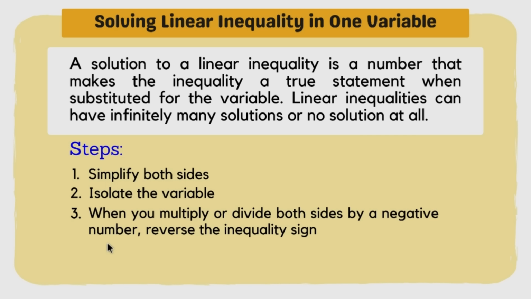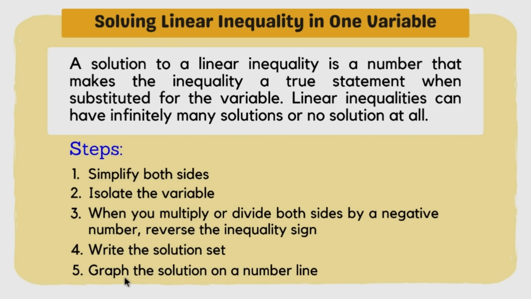Pag nagdi-divide po tayo using the division property of equality or multiplication property of equality, mare-reverse po yung inequality sign or symbol natin. We can see this later on in our examples. And then number 4, we will write the solution set. And then number 5, we will graph the solution on a number line.